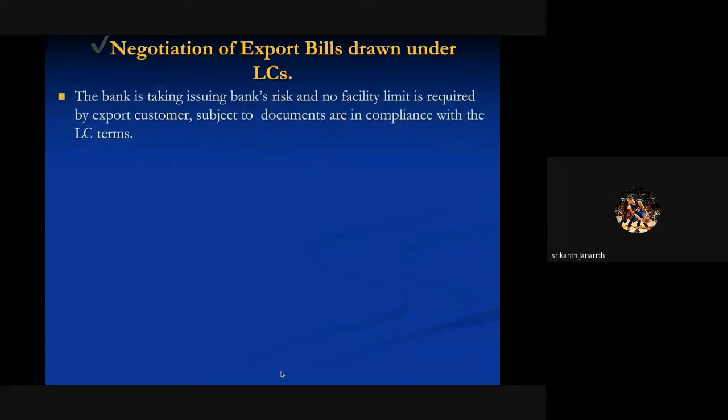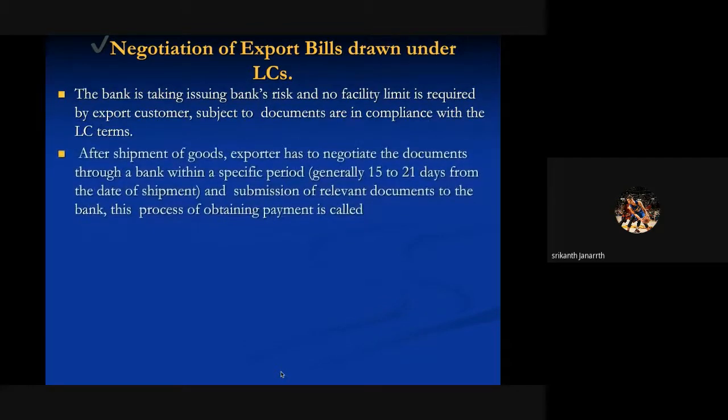Under post-shipment, there are two: negotiation and discounting. As I told you, negotiation comes in when there is an LC. We learned this, right? When there is negotiation, it means there is always negotiation of documents.